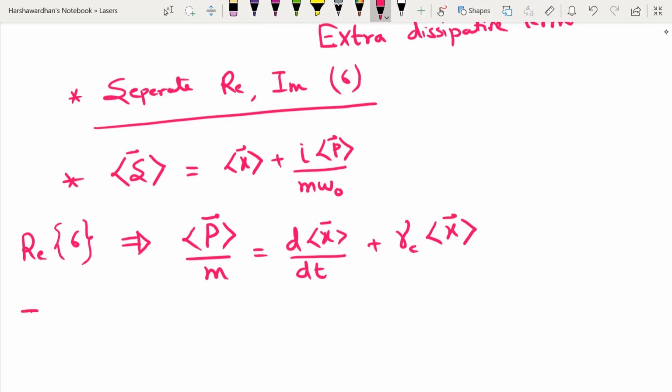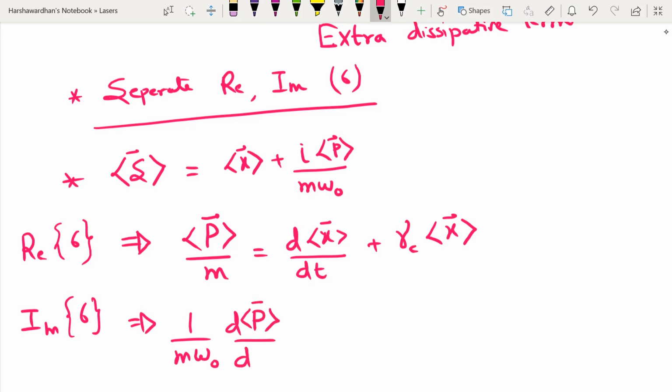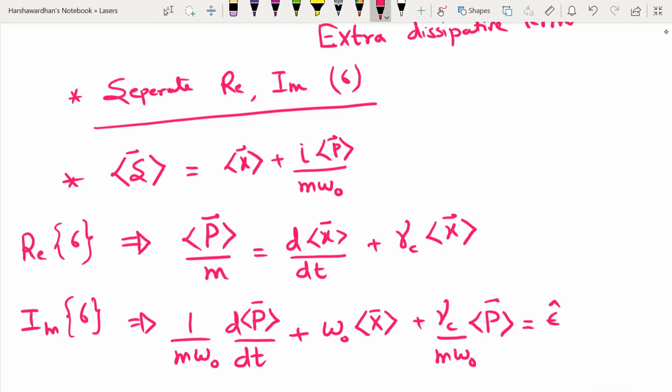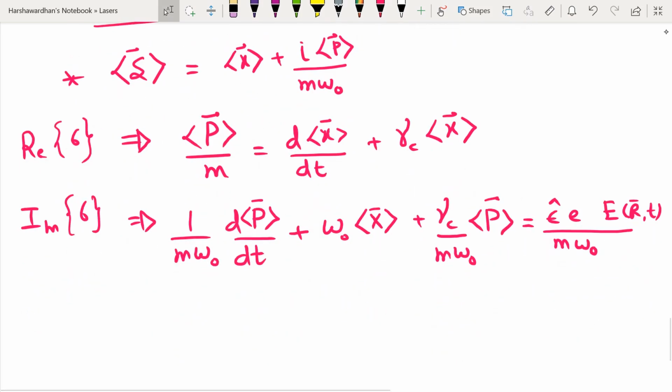This is what the real part gives me, whereas the imaginary part of equation 6 will give me 1 by m omega naught dp by dt plus omega naught x average plus gamma c by m omega naught p average is equal to epsilon E. So these are the two equations that you get.